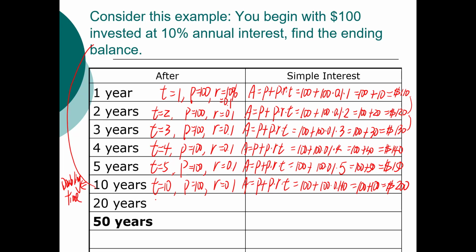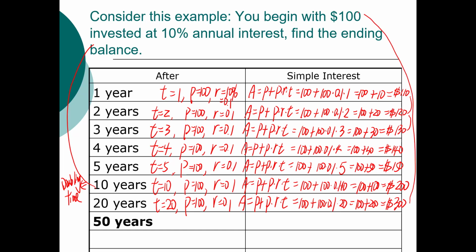For 20 years, we should see a tripling result. So P equals 100, R equals 0.1. The ending balance equals principal plus principal times R times T. That's 100 plus 100 times 0.1 times 20, that's 100 plus 200, which turns out to be $300. Compared to the initial investment, $300 is tripling.